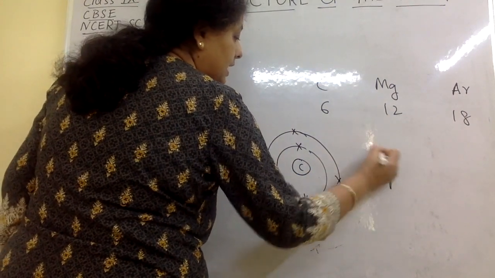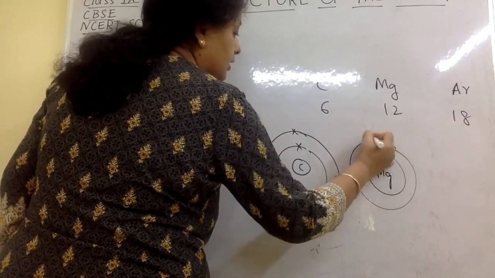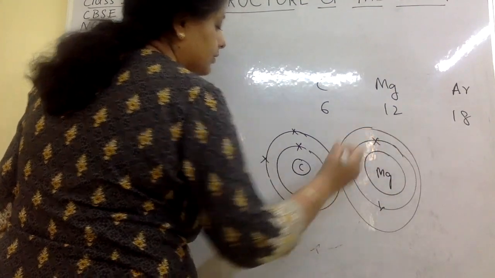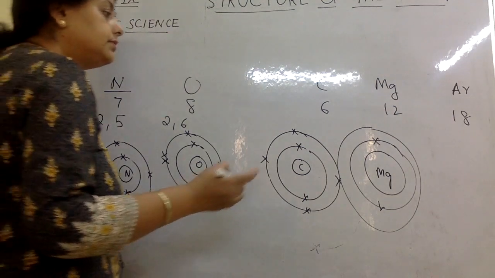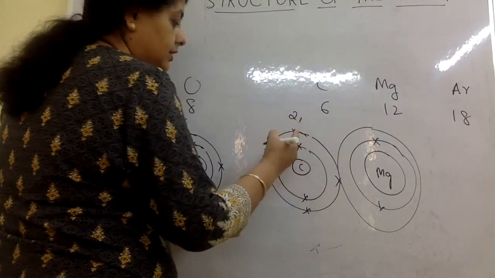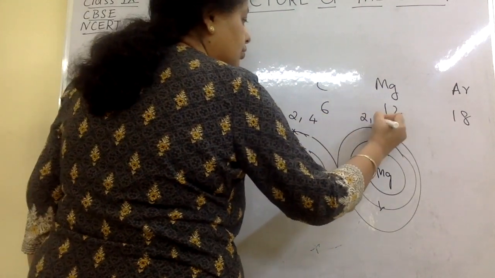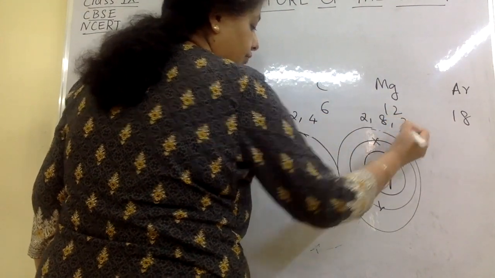Magnesium. Magnesium has 2 in the first orbit and 8 in the second. So for carbon it is 2, 4. Here it is 2, 8, 2.